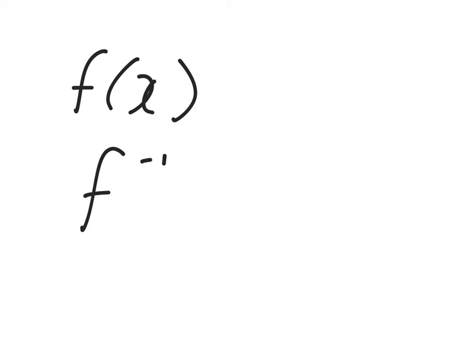It's important to notice as well that if f of x is a function, we call its inverse f to the power of -1, but we just say f inverse of x. All right? So let's get on to task 1 then.